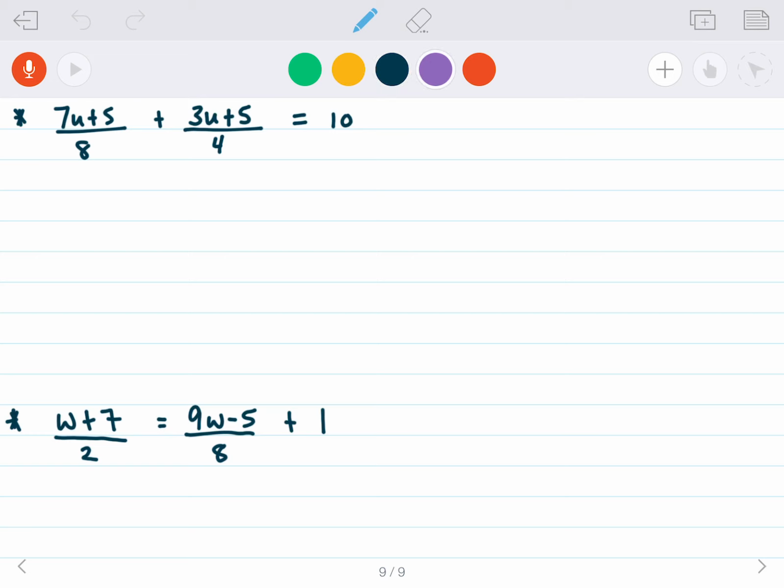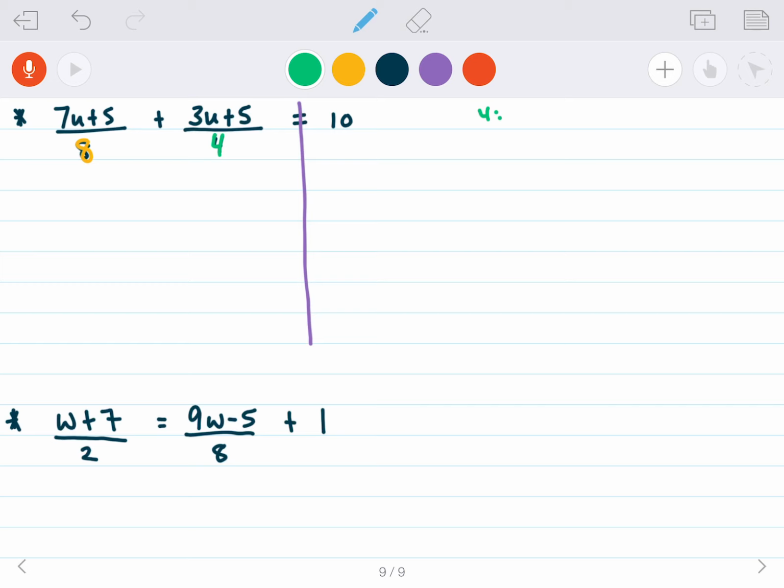It looks super complicated, but again, making it less complicated amounts to getting rid of the fractions. And getting rid of the fractions amounts to finding the least common multiple of the denominators. So we have 8 and 4. So my multiples of 8. Actually, let's do multiples of 4 first.